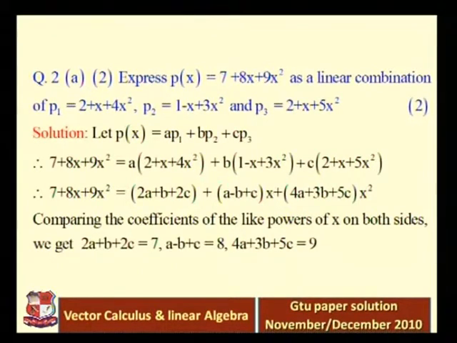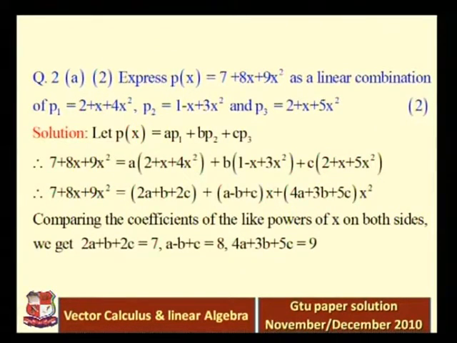Comparing the coefficients of like powers of x on both sides, we get 2a plus b plus 2c is equal to 7. Okay, comparing the constant term, the left hand side constant term is 7 and the right hand side constant term is 2a plus b plus 2c. So 2a plus b plus 2c is equal to 7.